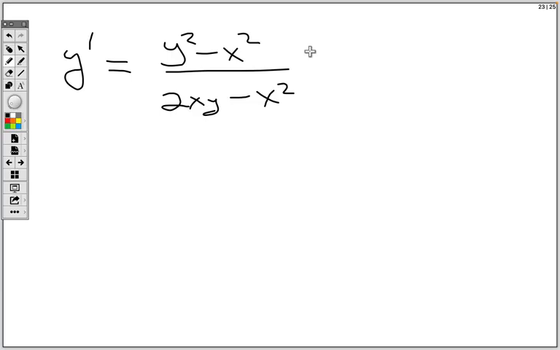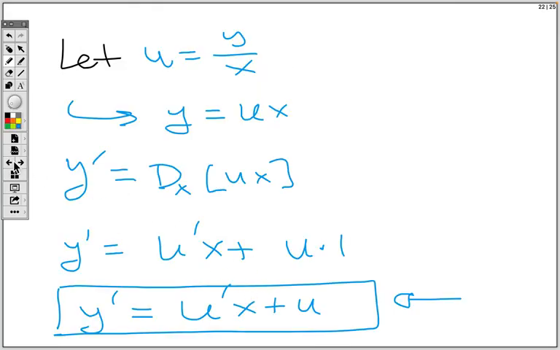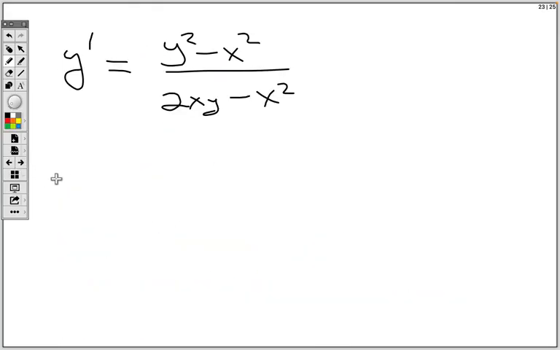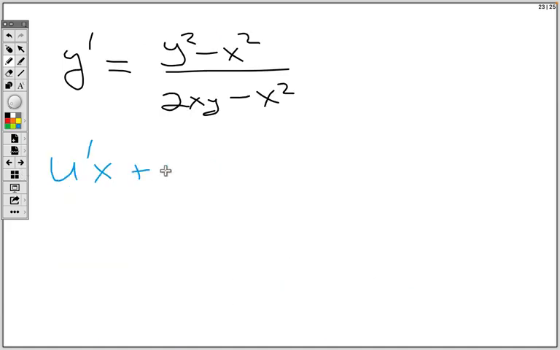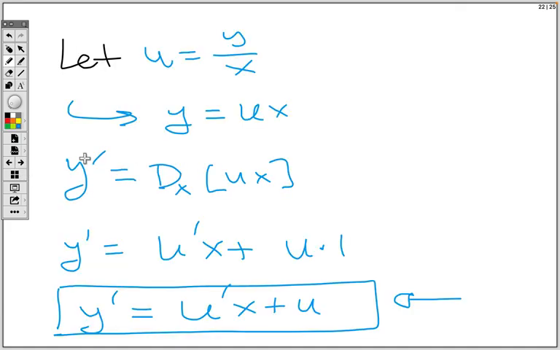You can try to rewrite it as a Bernoulli. You can try to separate variables. We're down to the last technique we have here. We're going to plug in the y prime. u prime x plus u is equal to, and now we're going to plug in ux for y.